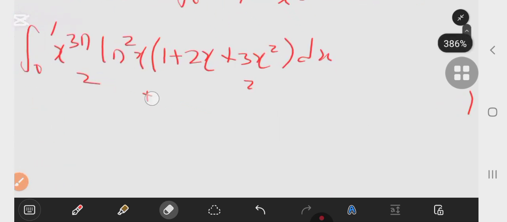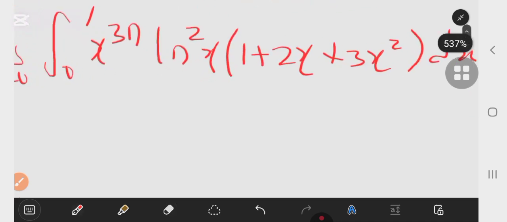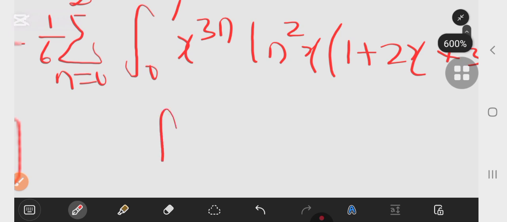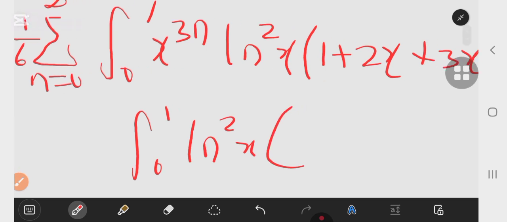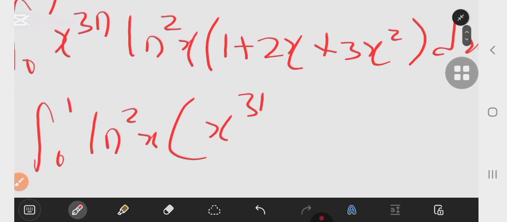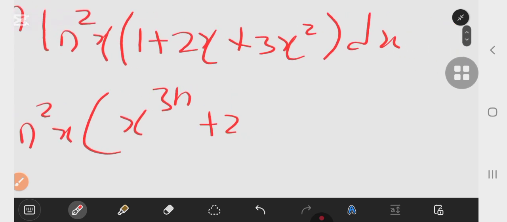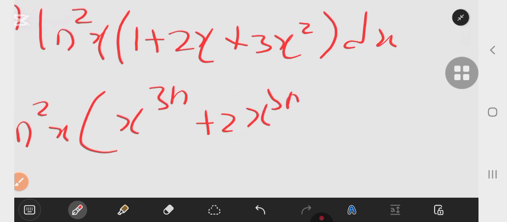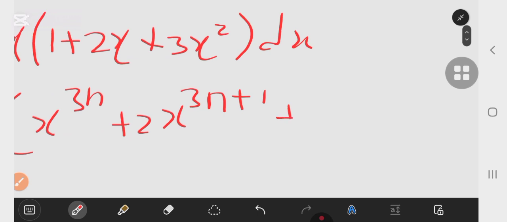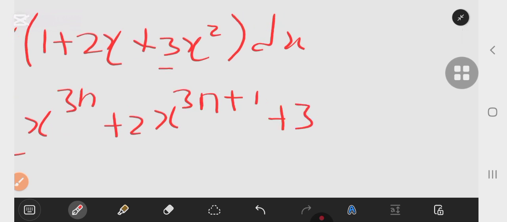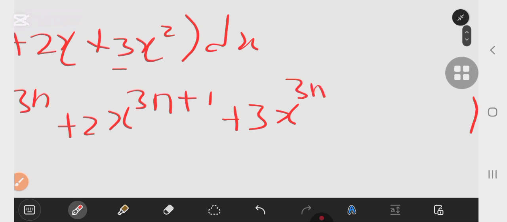Now watch, let me extract this integral first. It is the same as the integral from 0 to 1 of ln squared x multiplying x raised to the power 3n plus 2 x raised to the power 3n plus 1 plus 3 x raised to the power 3n plus 2, all into dx.